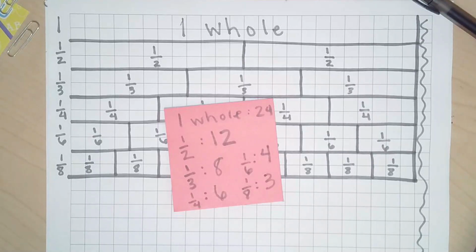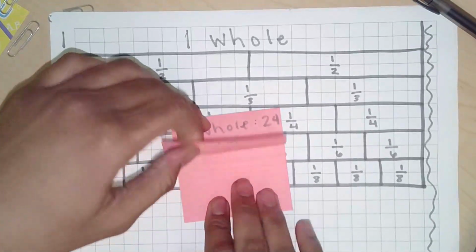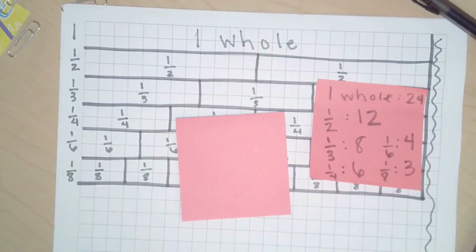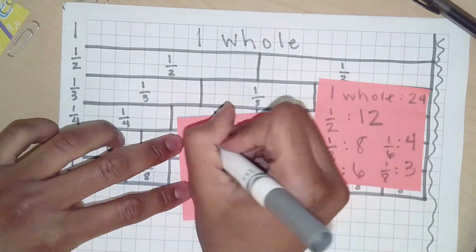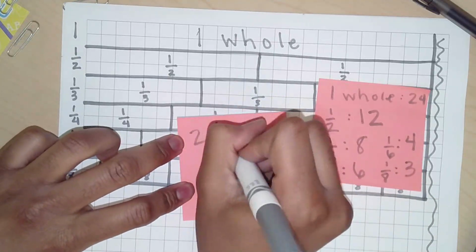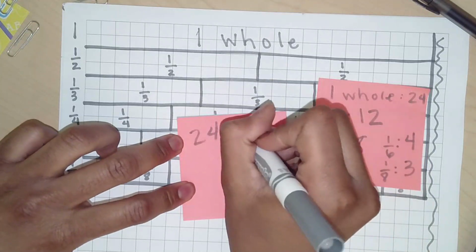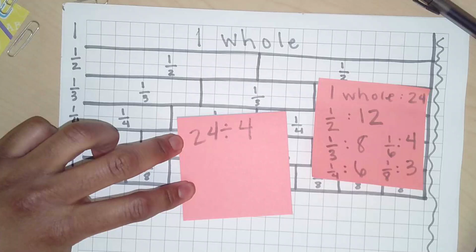I also use this as an opportunity to do some division practice with them in class. I had them practice 24 divided by however many parts we needed. So if we needed to do the fourths, it was going to be 4 parts.